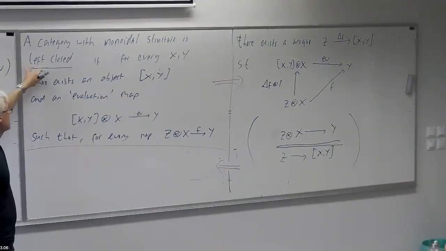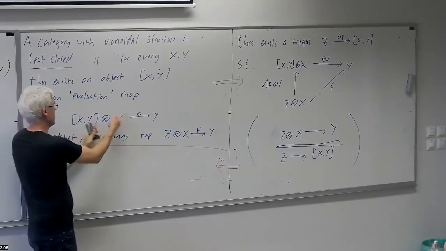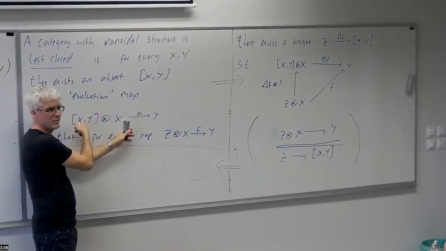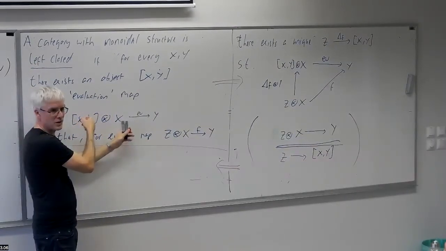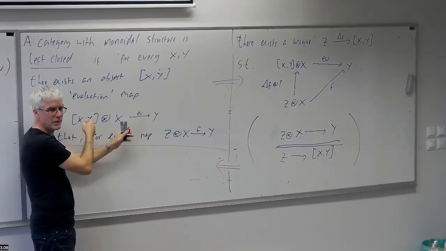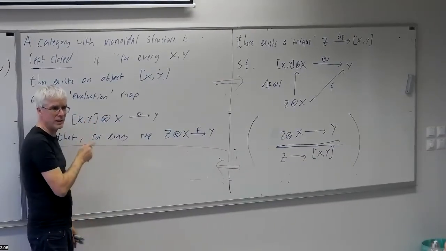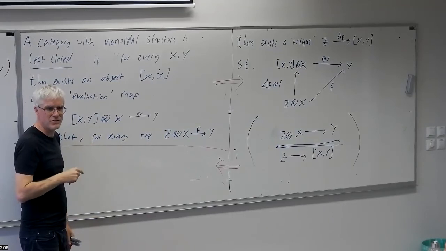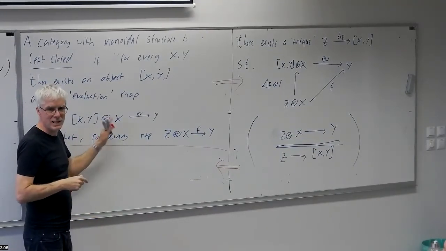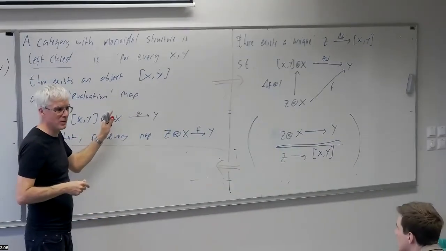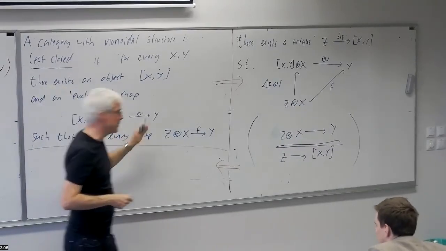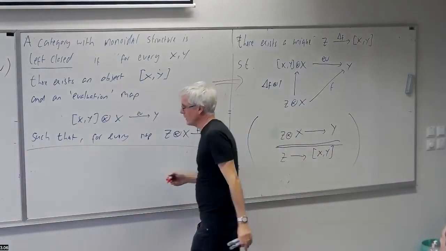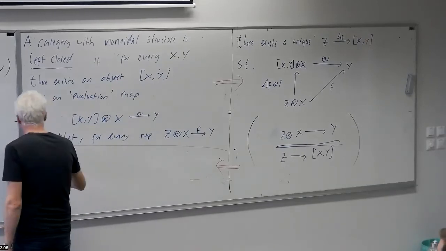There's a right closed notion in which you basically reverse the order of this evaluation map and everything else, adjusting everything else appropriately. But the difference is only important in the case that the monoidal structure is not symmetric. And since we're only going to ever consider this in the case of symmetric monoidal structure, we won't need left closed versus right closed.